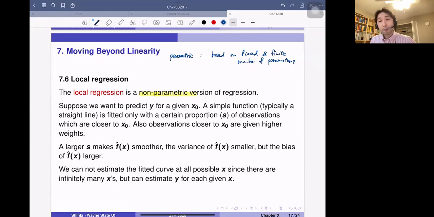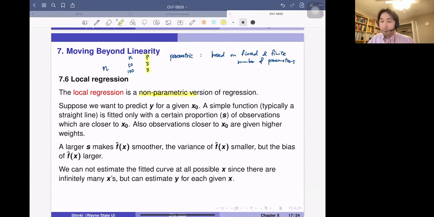That means the number of parameters does not depend on the sample size n. In linear regression, if we have 10 observations, say 2 predictors and the intercept, n is equal to 10 and the number of parameters is equal to 3. If the number of observations increases to 100, we still have 3 parameters. So we have a fixed number of parameters.